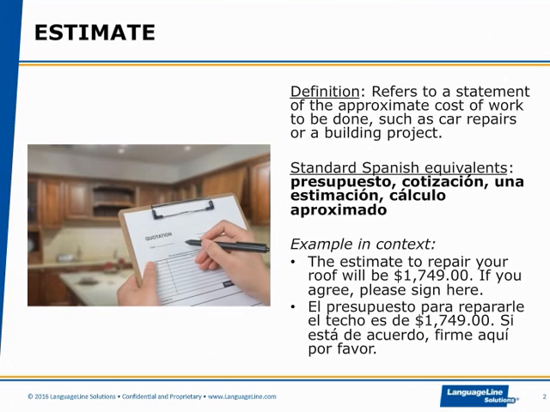And now repeat this standard option 3 times. Cotización, cotización, cotización. And the third one, estimación, estimación, estimación. And one final one for this term, cálculo aproximado, cálculo aproximado, cálculo aproximado.